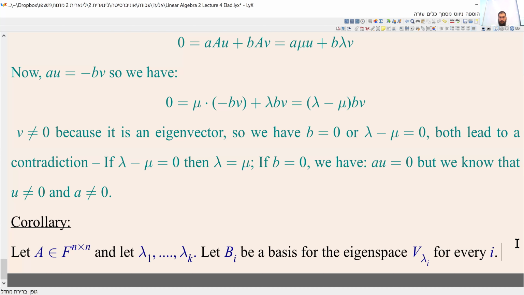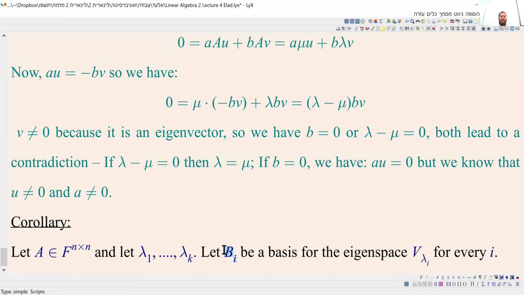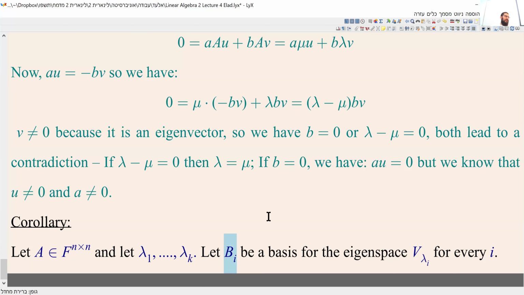By our last proposition, on one hand, vectors in the same basis are linearly independent because it is a basis. On the other hand, vectors from different bases, one from the basis of V lambda 1, the other from the basis of V lambda 2, or whatever, are linearly independent as well because of our last proposition.